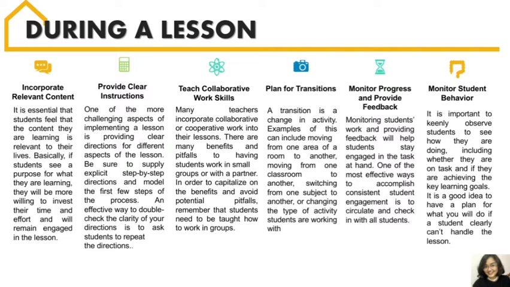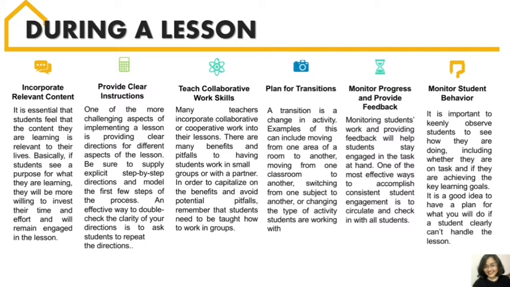Fourth, plan for transitions. A transition is a change in activity. A transition is something that helps move children from one activity to another. An example would be moving from one classroom to another, switching from one subject to another, and many more.